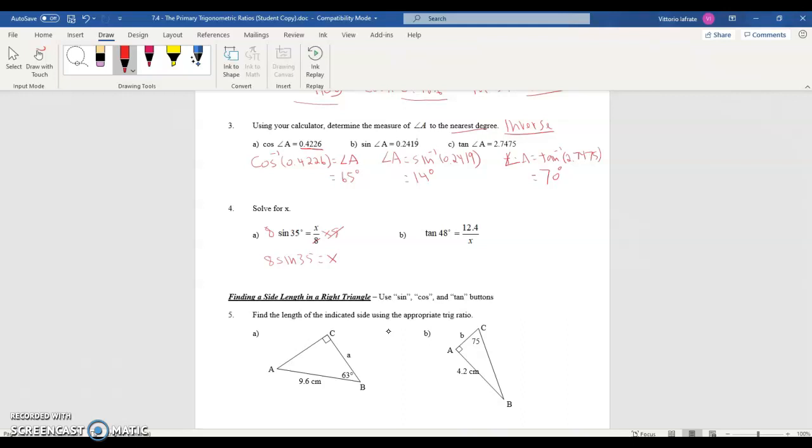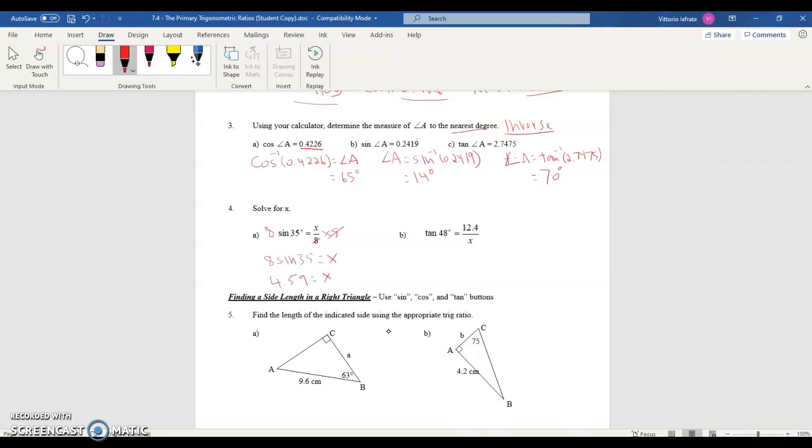That way you're not going to put the 8 into the sine function. You make sure it comes before it. And I get 4.5886. I'm just going to round to 2 decimal places, so 4.59 is equal to x.